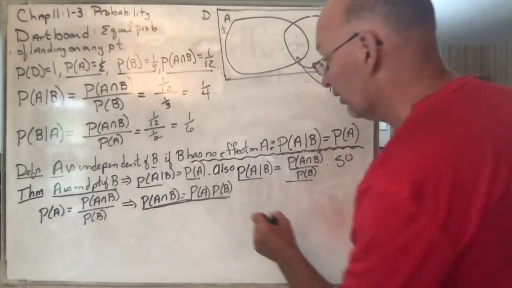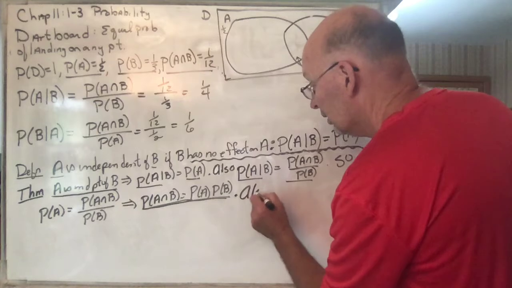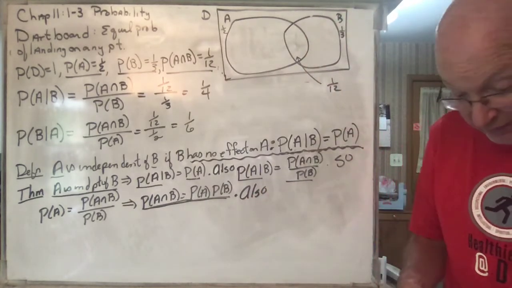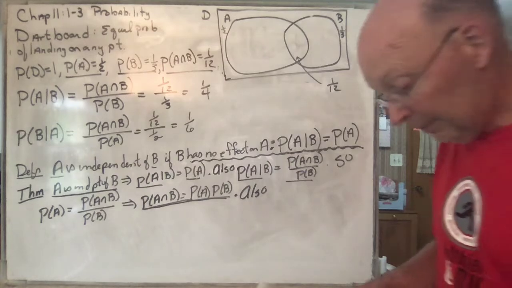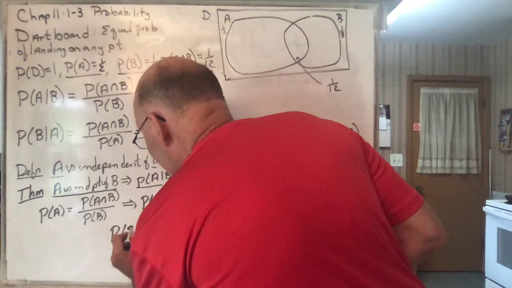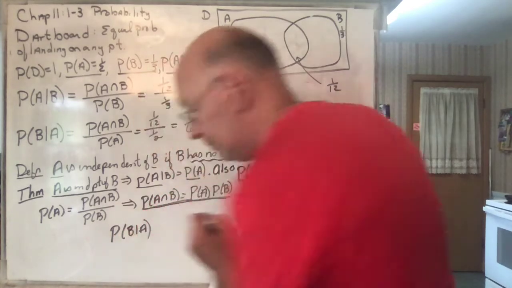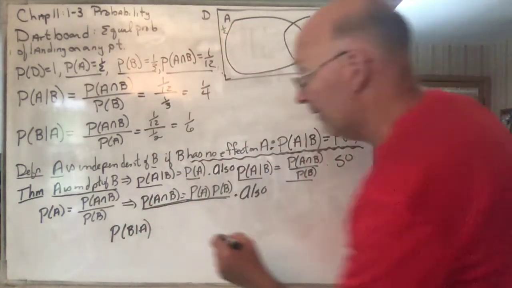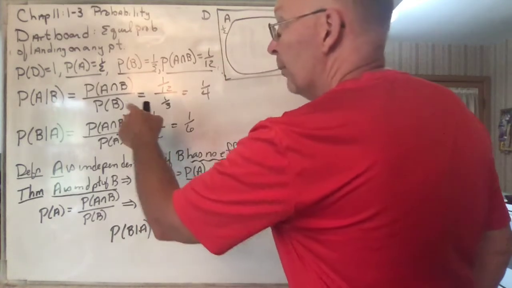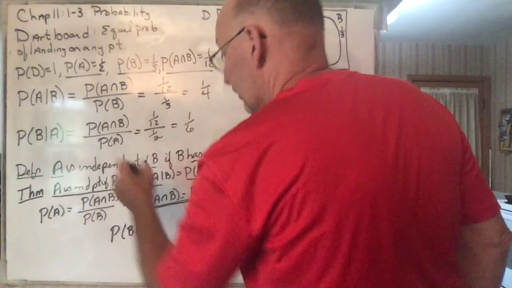Here's another nice thing I know also. Also, the probability of B given A is equal to, well, what's the definition of the probability of B given A? There it is right there.